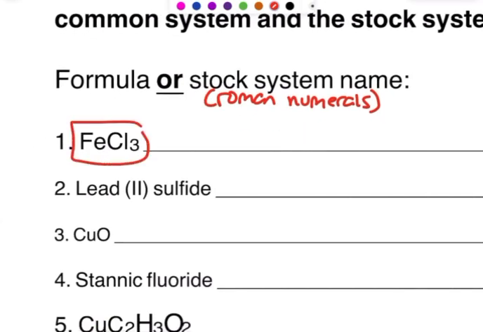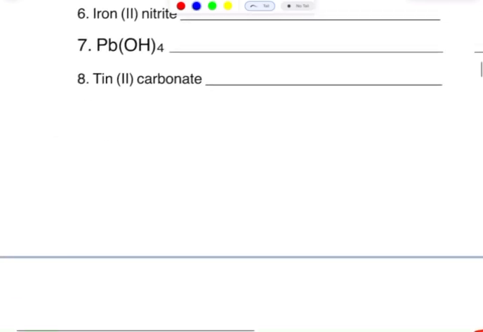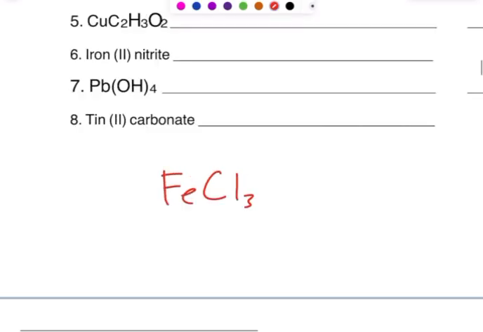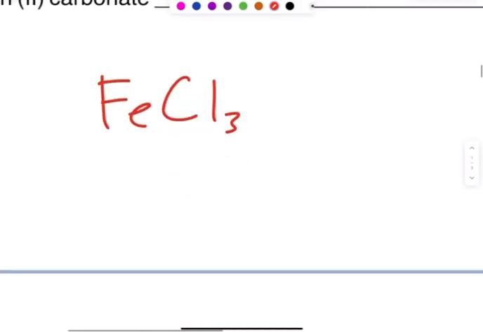Okay, so let's take a look. I'm given FeCl3. That's a formula. Therefore, I'm going to have to find the stock system name. So I'm going to come over here for some space and write out FeCl3. A stock system name is just the names of the elements with the Roman numerals. Let me identify the elements first.